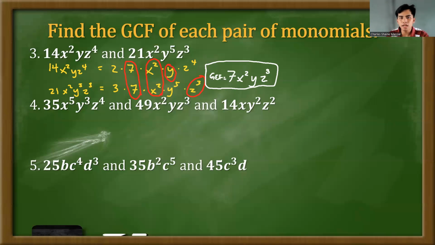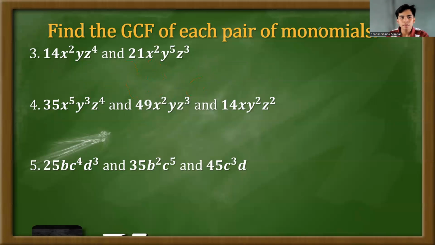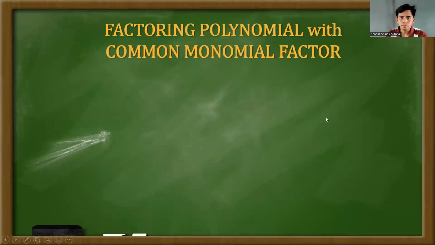Alright, let's proceed on factoring with common monomial factor. Okay, factor na natin yung polynomial. Marunong na tayo maghanap ng GCF. And now, gagamitin na natin yung GCF to factor a polynomial.